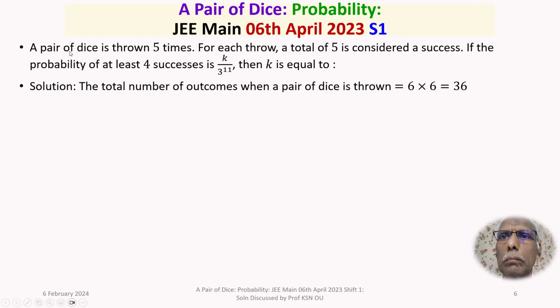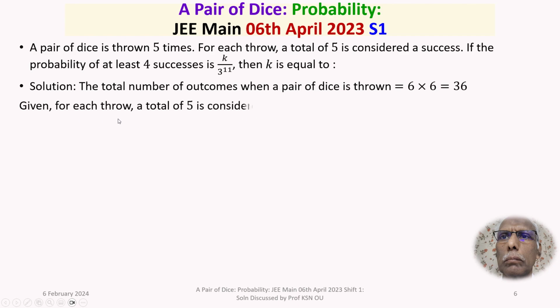But this pair of dice is thrown simultaneously, so an outcome x will appear on the first die, an outcome y appears on the second die, and the choices for x and y are 6. Therefore, the total number of outcomes when a pair of dice is thrown is 6 into 6, that is equal to 36. Agreed.